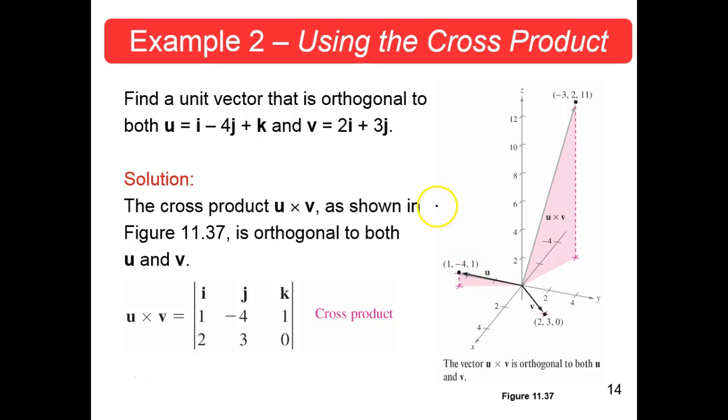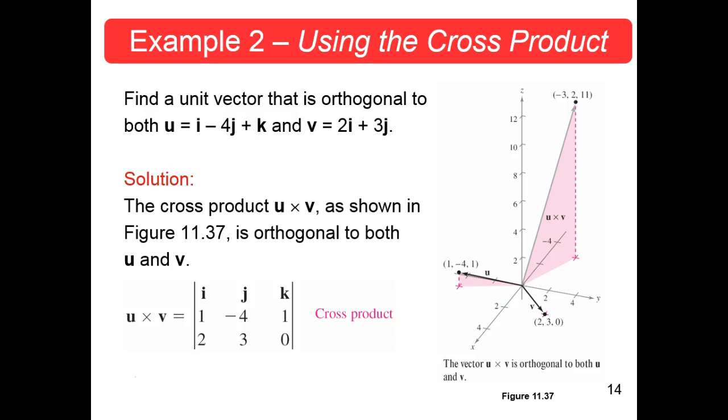Then you go up 1 in the z direction, straight up 1, and that's your position 1, negative 4, 1. Now that's the point (1, -4, 1). That's why they put parentheses. u is the vector, with components in angle brackets 1, comma, negative 4, comma, 1, close angle bracket. That would be u.